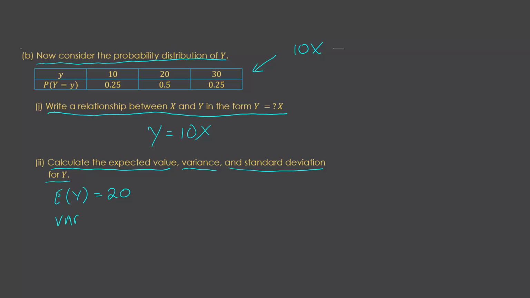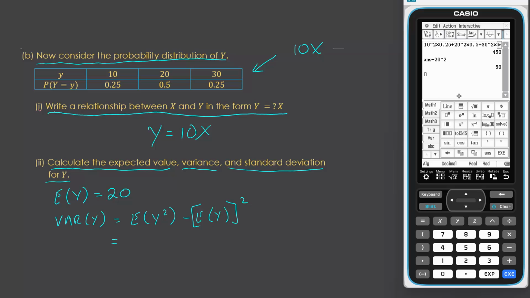Now, the variance of y, we know we calculate by doing the expectation of y squared, take away the expectation of y squared. Now, I'm just going to pause recording while I calculate this. So you can see I've done the expectation of y squared here. So that's 10 squared times 0.25 plus 20 squared times 0.5 plus 30 squared times 0.25, which gives me 450.